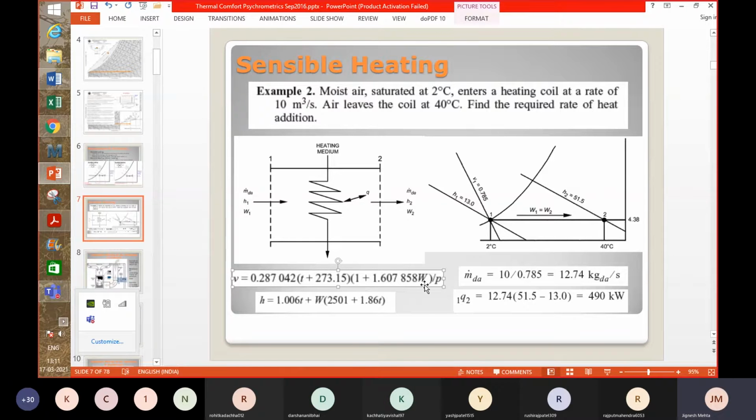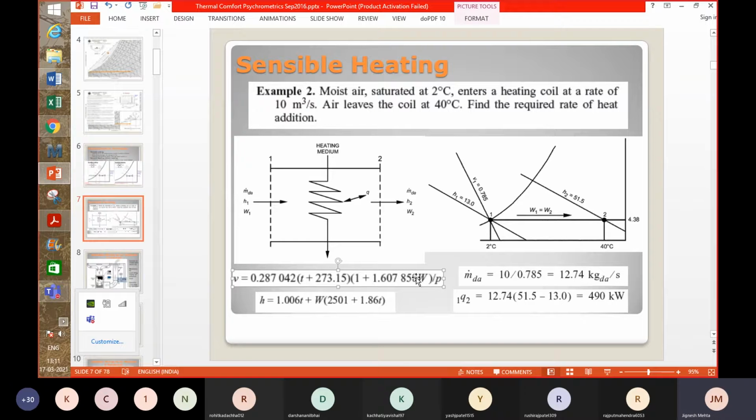1.607858 capital W. This W is nothing but the moisture content, or the humidity ratio. Now, how do you get the humidity ratio? In case you have any clue how to get the humidity ratio for state 1, you can put it in the chat box.